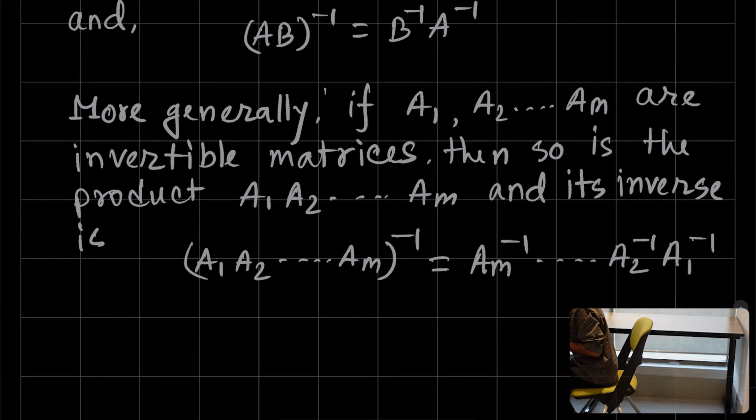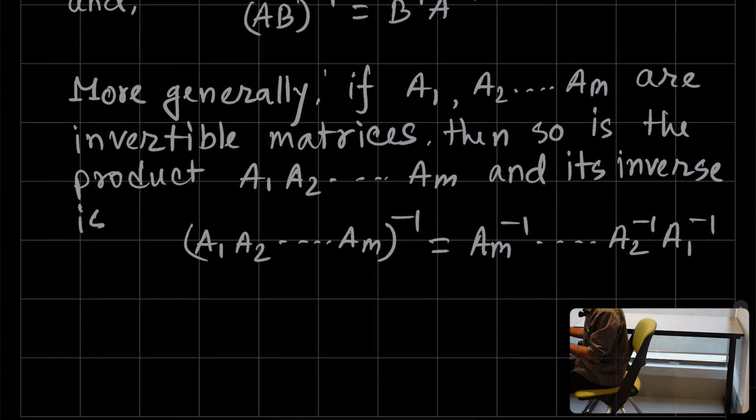So first let us consider the first part of the proposition. This is AB inverse equal to B inverse times A inverse. So if you take the multiplication and then you take the inverse, it is in the opposite order, the inverse of B times the inverse of A. So the first part of the proof is simple.